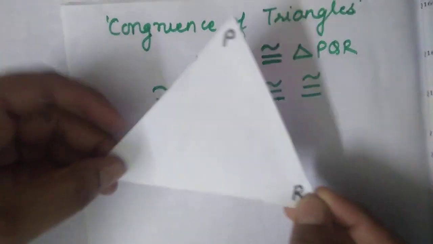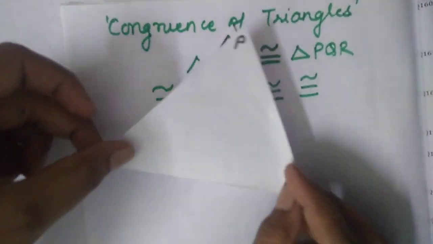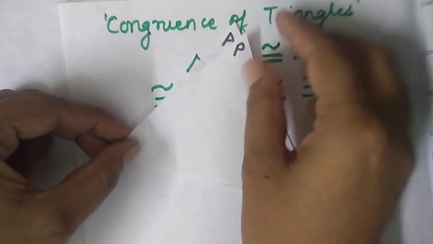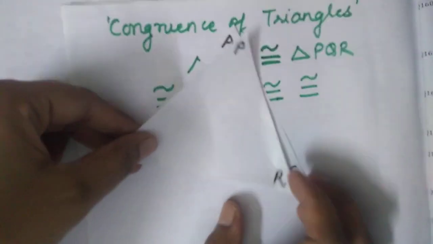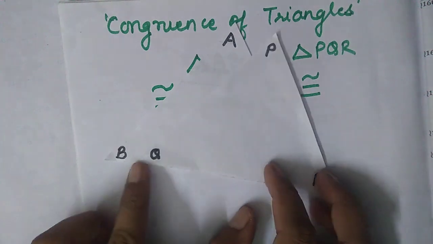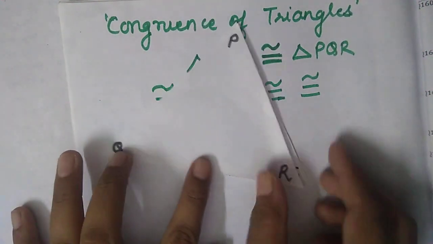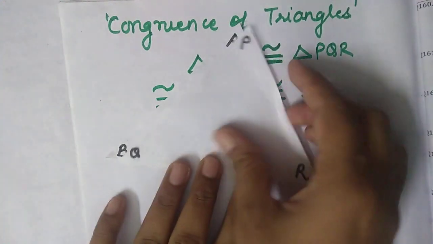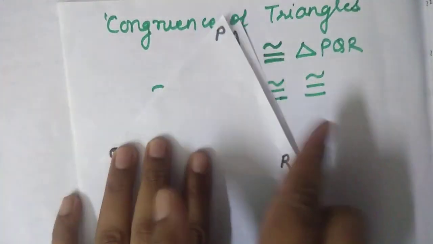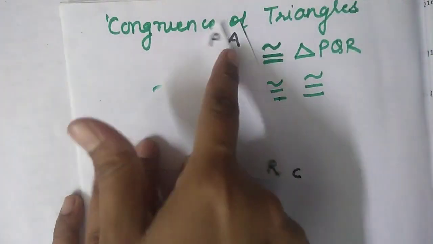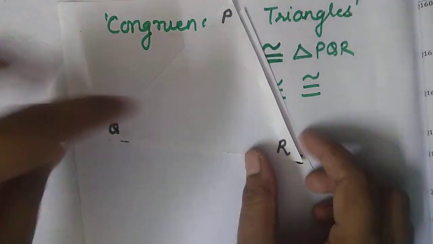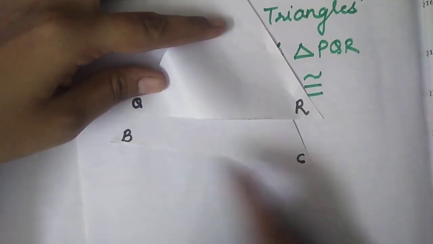Similarly for angles, angle P falls on angle A, angle Q falls on angle B, and angle R falls on angle C.